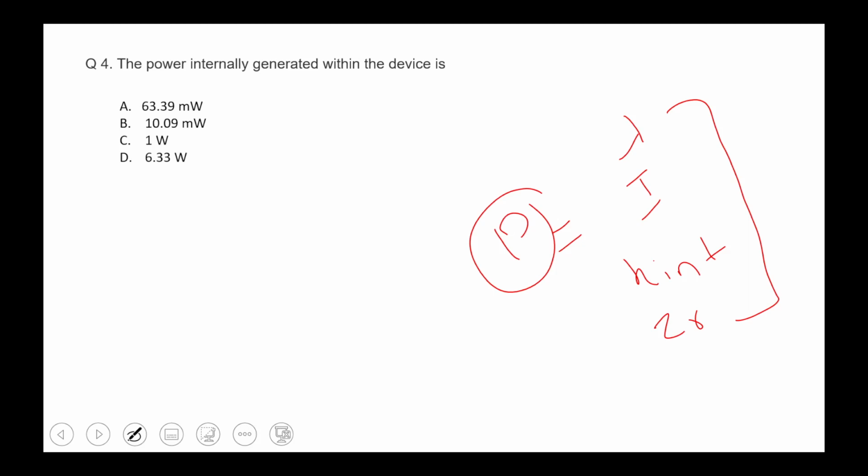External quantum efficiency tells us how much power we are getting from the device. Internal quantum efficiency tells how much power is internally generated within the device.